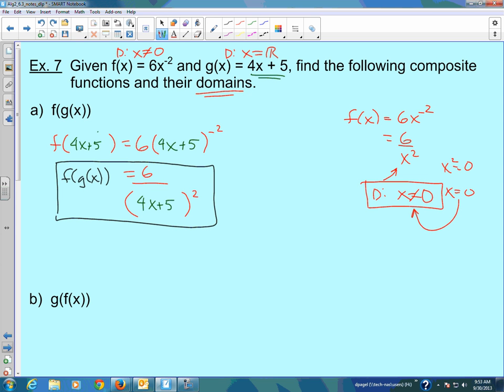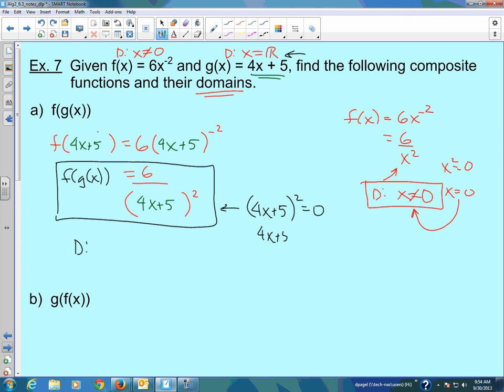All right, domain now. Here we have the g function. All the x's that satisfy g, we said, are all reals. Then we plug that g of x in, and now we want all of the x's that satisfy this f of g of x. Well, in the denominator, we said we're always going to be taking that denominator and setting it to 0 to find out the values that x cannot be.